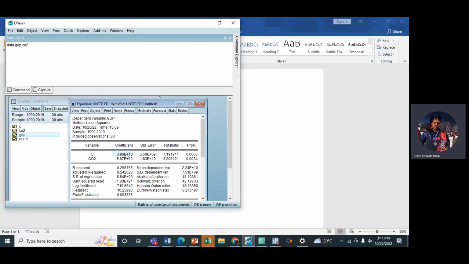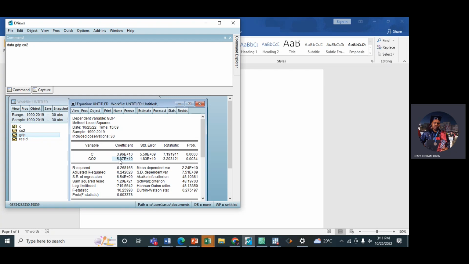Actually, it is 3.96 times 10 raised to the power 10, but let's not get into that. Let's assume that we never had this E, this times 10 raised to the power 10. Let's just say it is 3.96. Not too complicated. For carbon dioxide, the coefficient is minus 5.87.